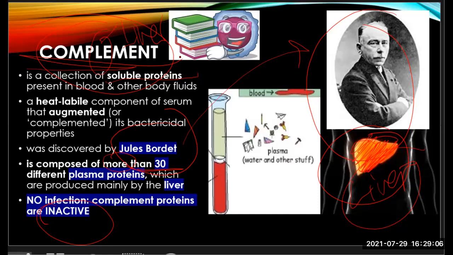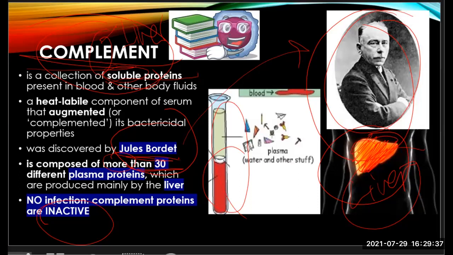Well, complement is a collection of soluble proteins present in our blood and other body fluids. It was discovered in the 1890s by Jules Bordet. So it was Jules Bordet who discovered it first, as a heat labile substance in normal plasma whose activity could complement the bactericidal activity of immune sera.